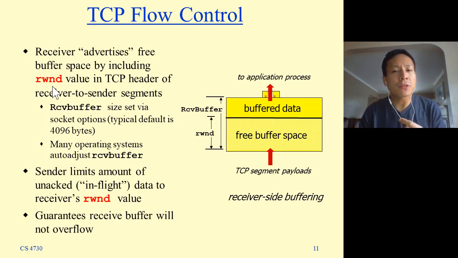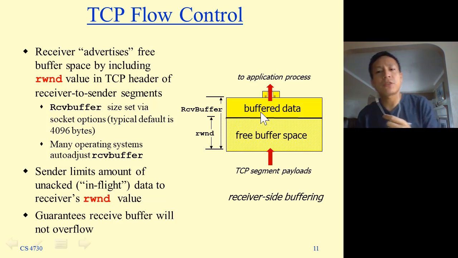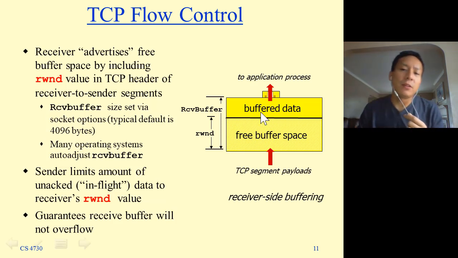All right. So as you can see from the right-hand side of this figure, the receiver buffer is always constant. That's the maximum buffer you can use, right? Depending on how much buffered data is in the receiver side, the receiver window is what is available to be used by the sender.